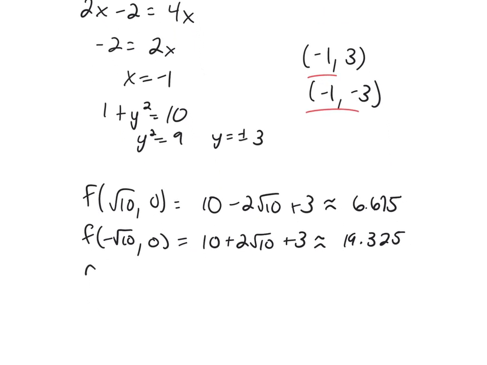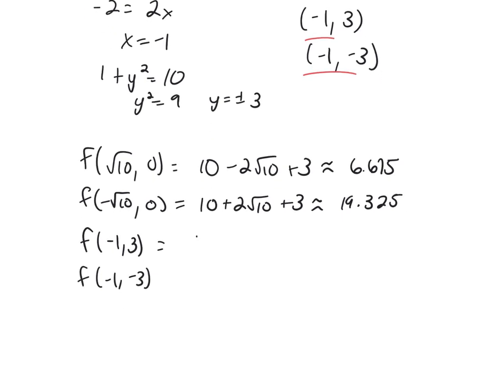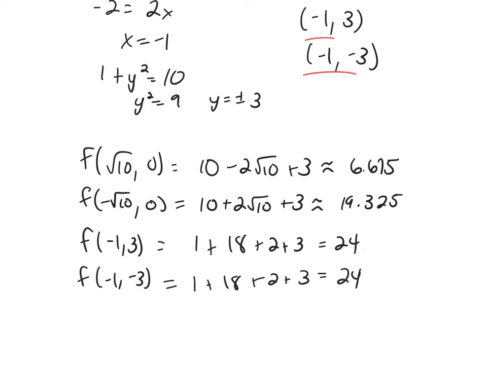And then plug in your 2 other points, -1, 3, and -1, -3. If you plug these into f, you'll get 1 plus 18 plus 2 plus 3, you'll get 24, and the same thing for -1, -3. So 24 is the largest. There's my maximum, and this one gives me my minimum.